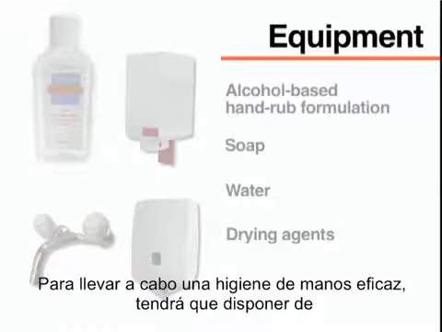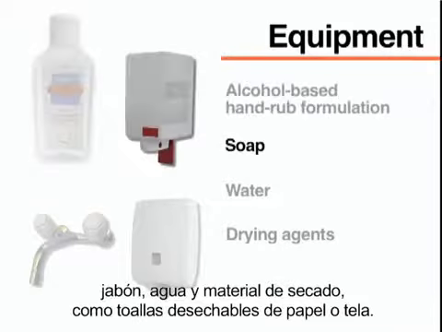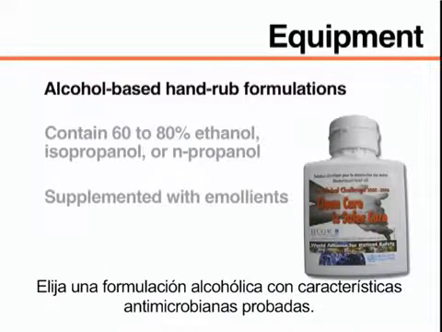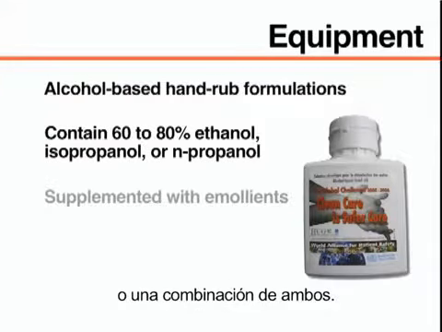To perform adequate hand hygiene, you will need an alcohol-based hand rub formulation, or soap, water, and drying agents such as disposable paper or cloth towels. Use alcohol-based hand rubs with proven antimicrobial efficacy. These usually contain 60 to 80% ethanol, isopropanol, or N-propanol, or a combination of these products.